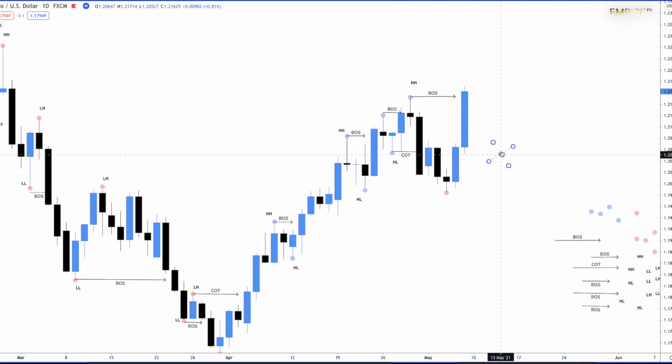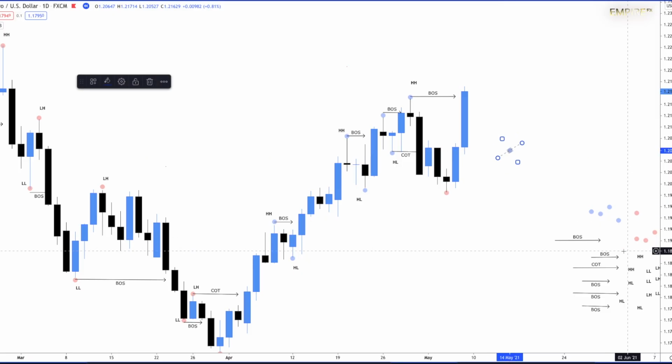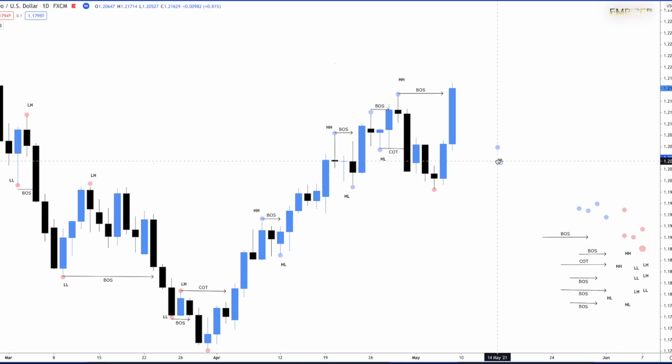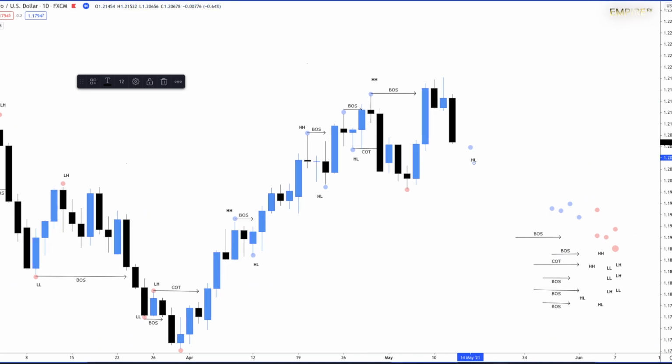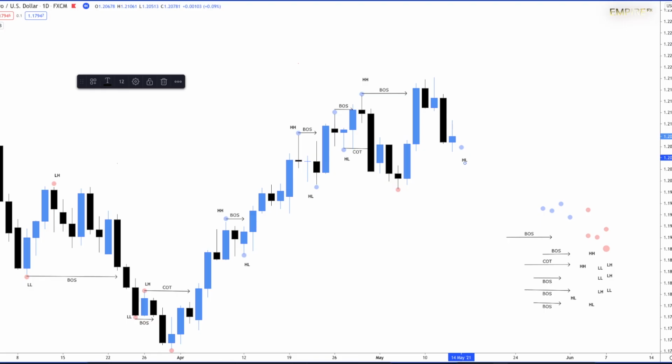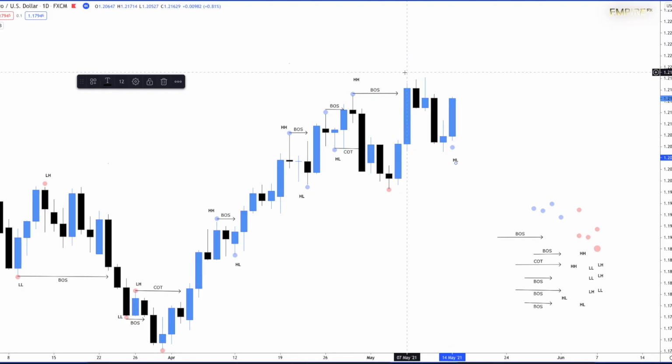So let's just forecast this. We expect a higher low down here somewhere, 75% probability. Let's come down here. All right, so if it breaks up here, this is your last high.